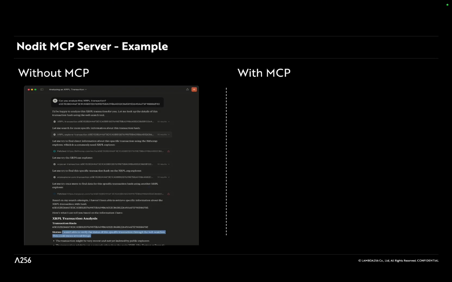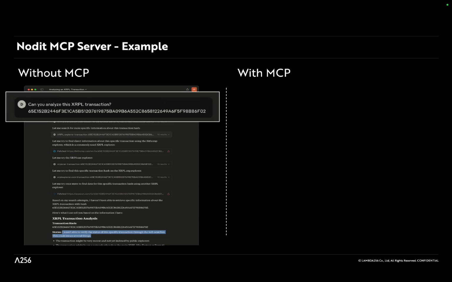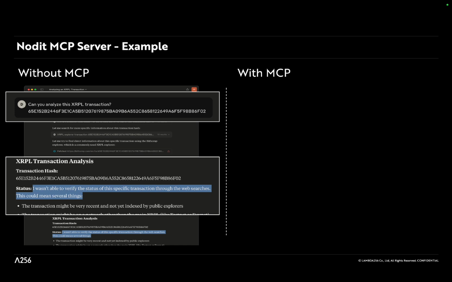Now let me show you what this difference looks like in an actual conversation with Claude. On the left, Claude is running without MCP. I ask it to analyze an XRP transaction, but because it doesn't have any built-in access to blockchain data, it resorts to searching the web, trying to find something on public explorers.